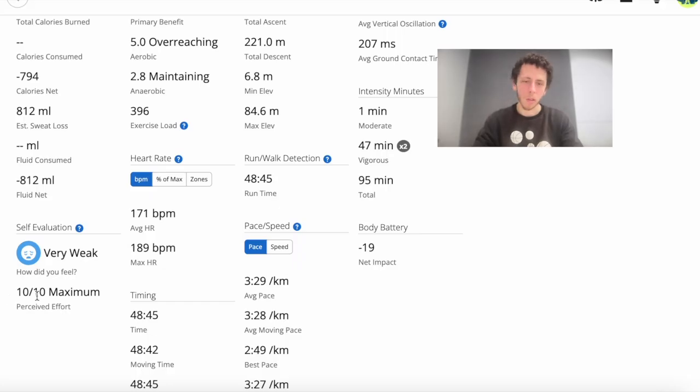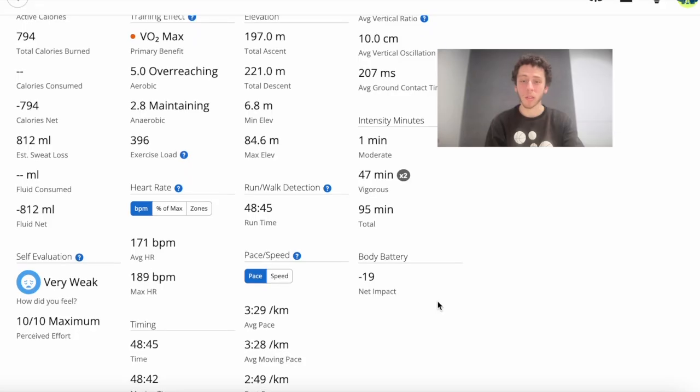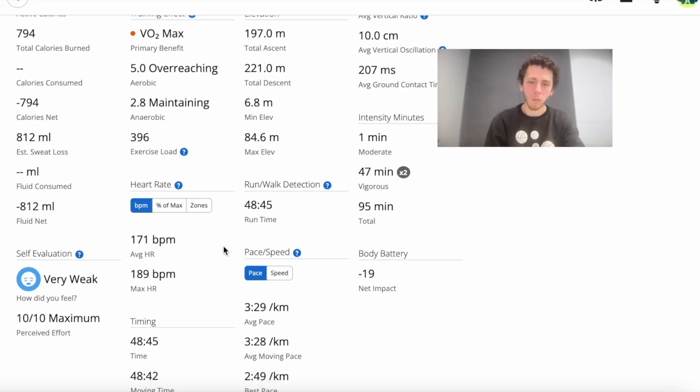So obviously a very maximum effort here, 10 out of 10 maximum perceived effort, and a very weak feeling that I put in as the post-race self-evaluation. And then this matches with obviously the heart rate, which can indicate very maximal effort with an average heart rate of 171, which is extraordinarily high even for someone like me, and a max heart rate of 189.